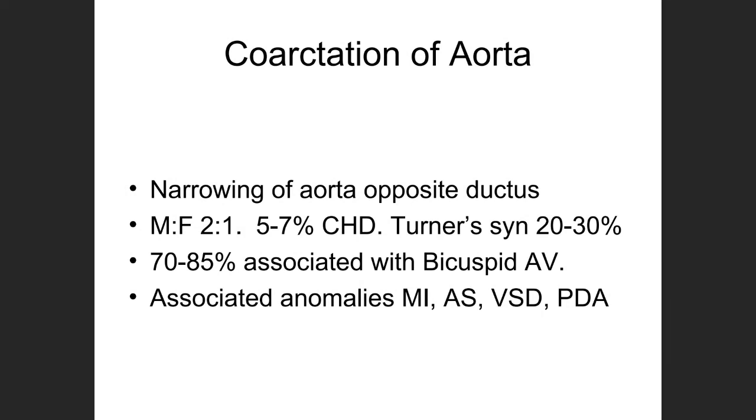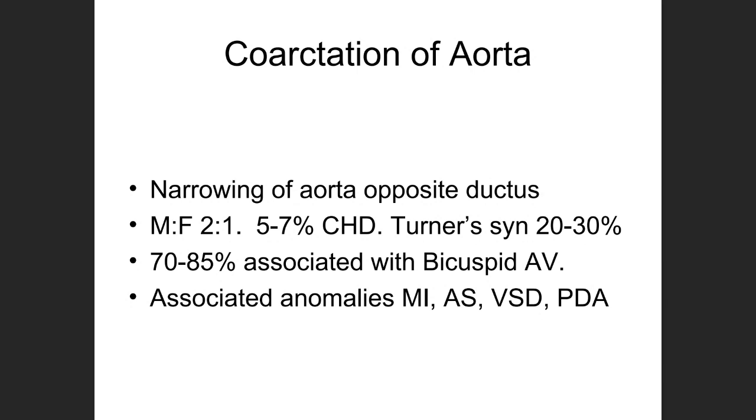We're going to look at coarctation of the aorta first. This is a narrowing of the aorta opposite the origin of the ductus arteriosus. There is a male to female preponderance of 2 to 1.